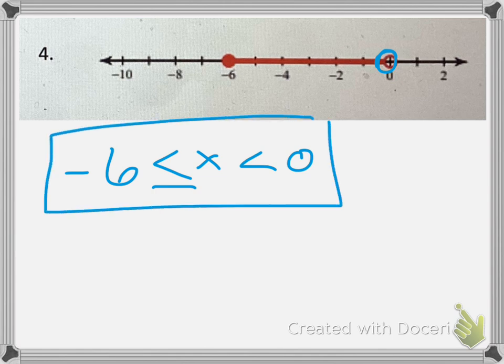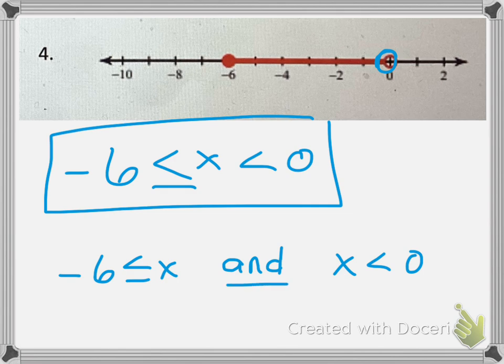Could I write it as -6 is less than or equal to x and x is less than 0? I for sure can. That's the same thing. But remember, with the and statement, it has to satisfy both of them. The or statement, it only has to satisfy one.